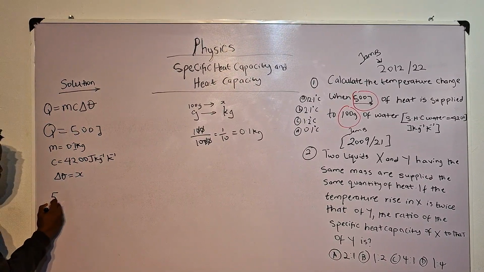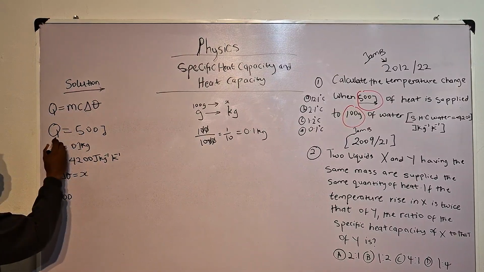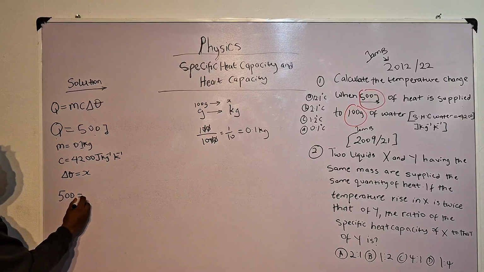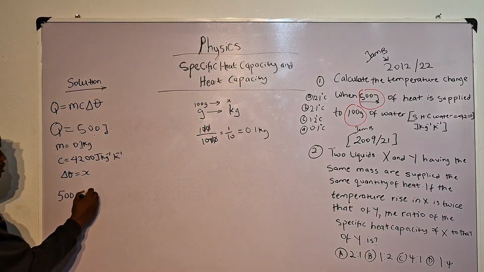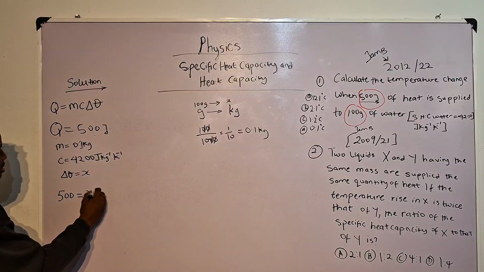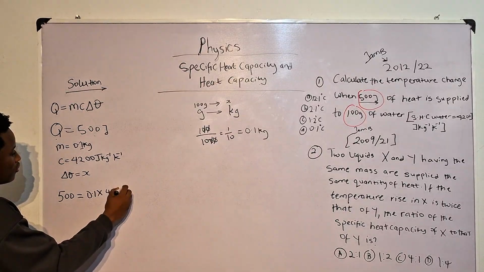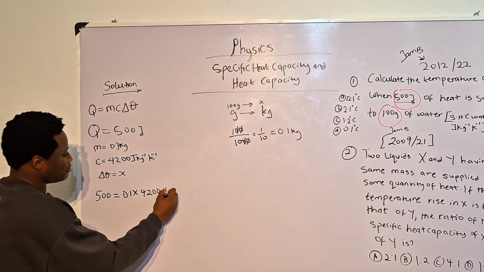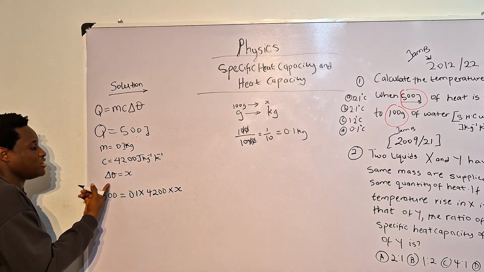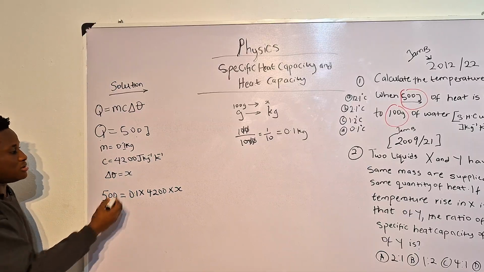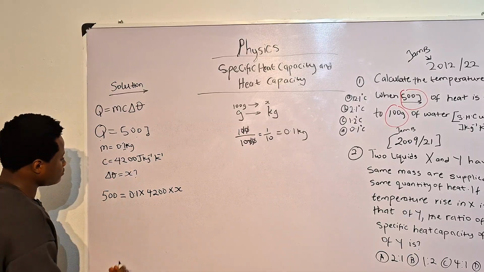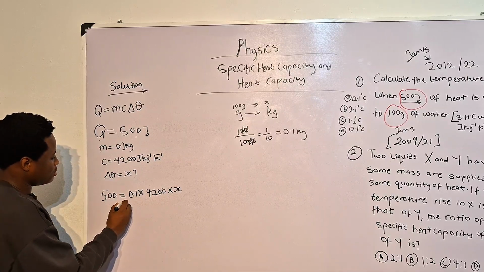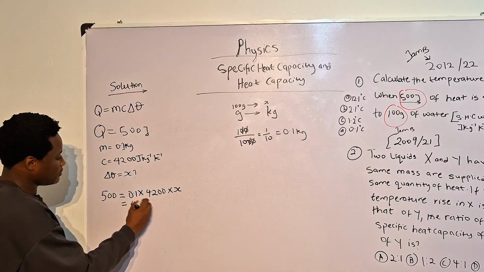So we say Q is equal to 500. We say 500 equals 0.1 kilogram, which is the mass, times the specific heat capacity of water, which is 4,200 joules per kilogram per Kelvin, times X. We are saying the change in temperature is X, and they're asking us to find it. 0.1 times 4,200 gives you 420.